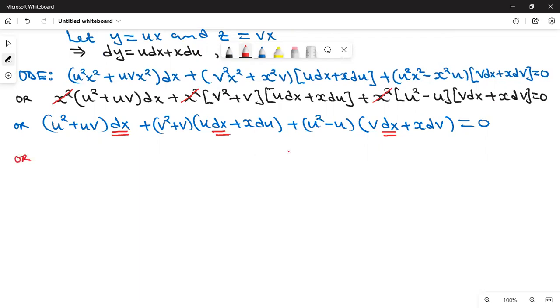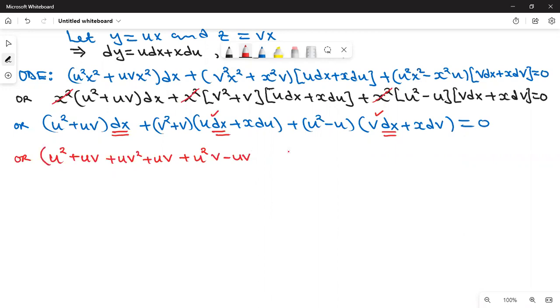So this can be written as u squared plus uv, that's the first term. Then this other one, I'm multiplying by u, so plus uv squared plus uv. The third term I'm multiplying by v, so plus u squared v minus uv.